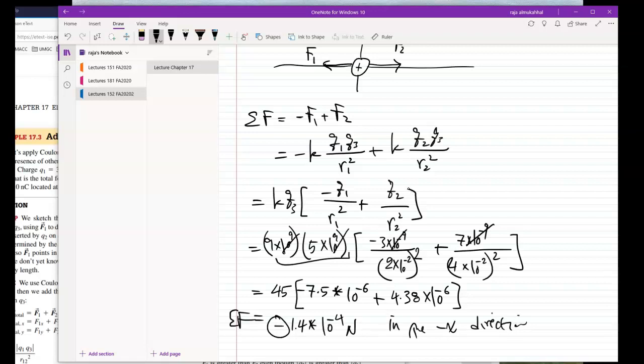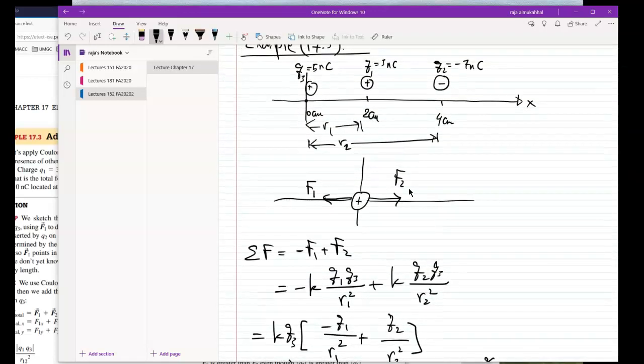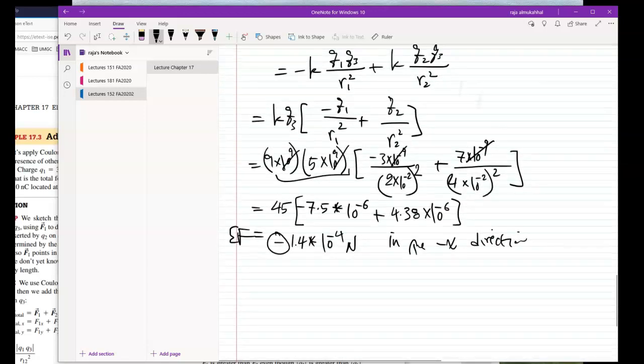If I go back to this one here, the net force is going to be something like that. That's net, pointing in the negative x direction. That's the net force. You got it? And there we go.